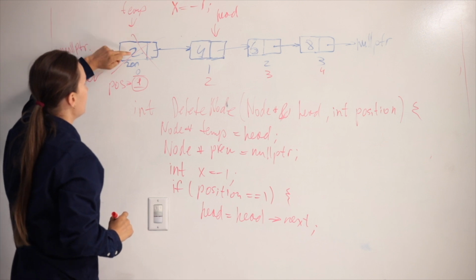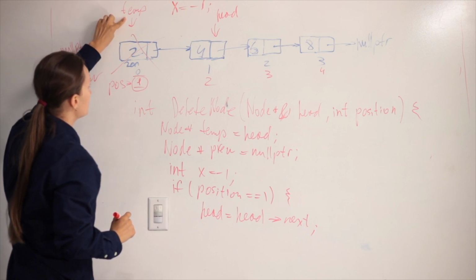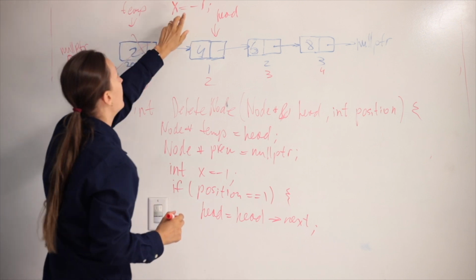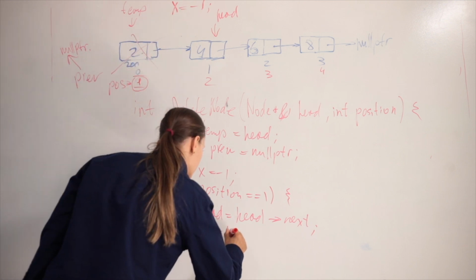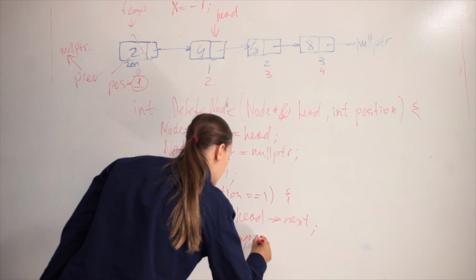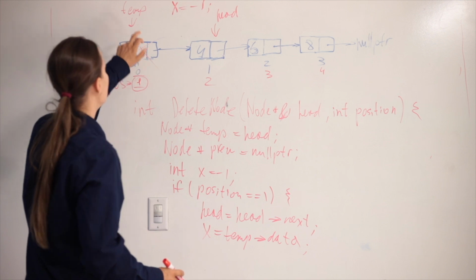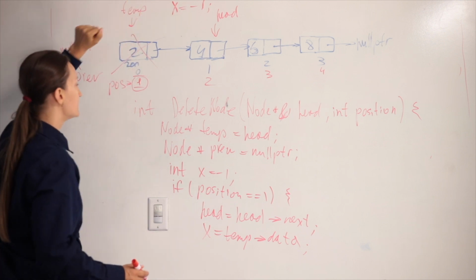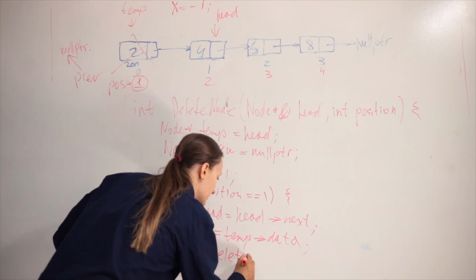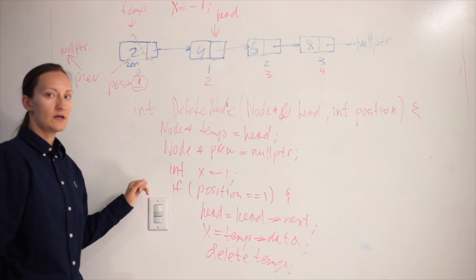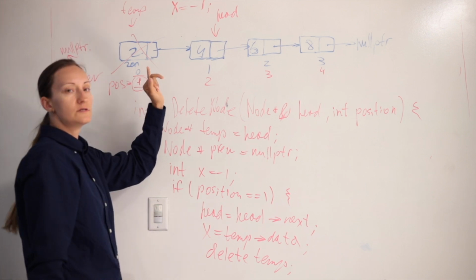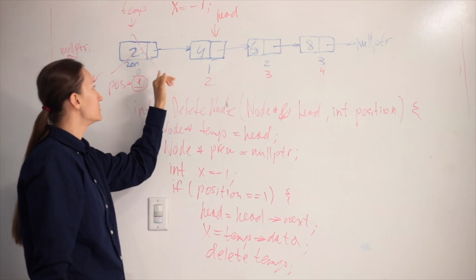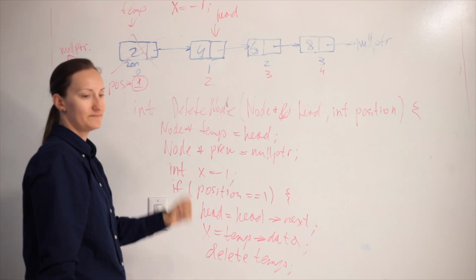Now we have to save this value into our variable: x equals temp data. We saved our value and now we can delete this temp. Delete temp. This was the first condition, when we wanted to delete the first node in our list.